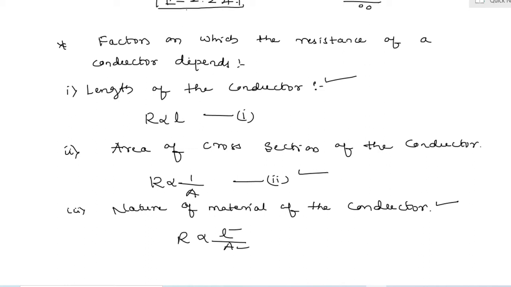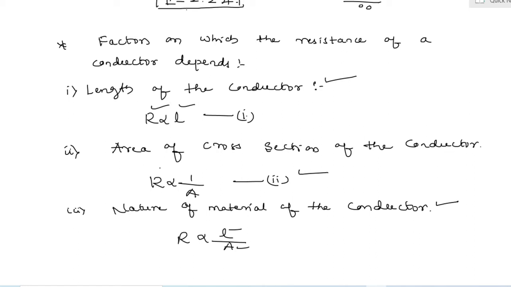Here R is directly proportional to L. It means the resistance of a conductor R is directly proportional to L, which means length. Therefore, R is directly proportional to L.